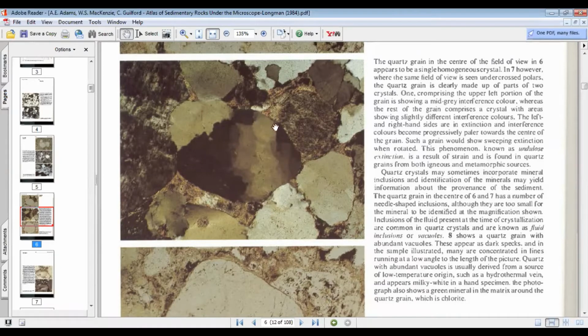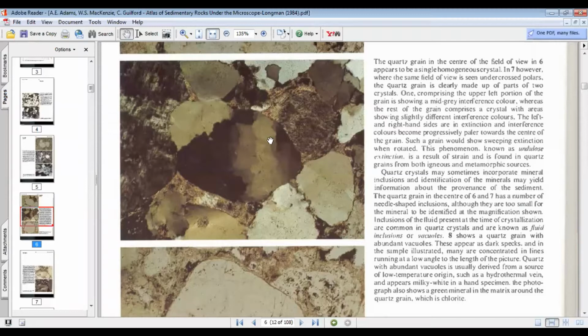And you can say that this part still has some light, and all of the light is gone here. And once you rotate the stage, then maybe this area becomes darker and this area becomes lighter. We call this process undulose extinction.